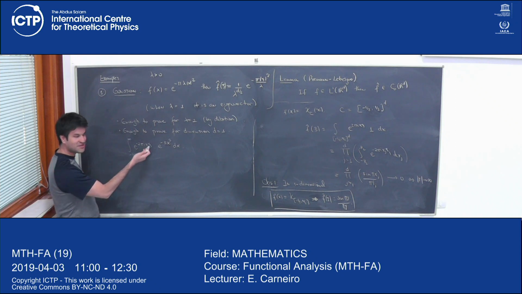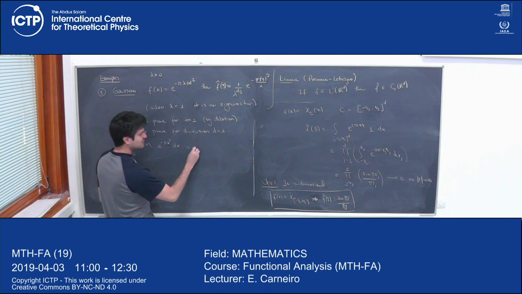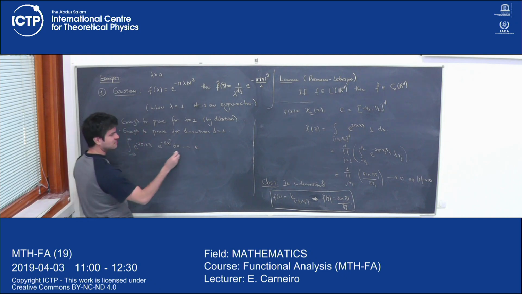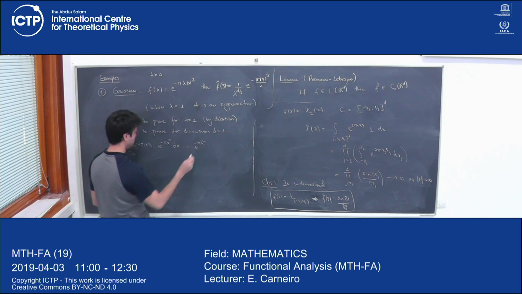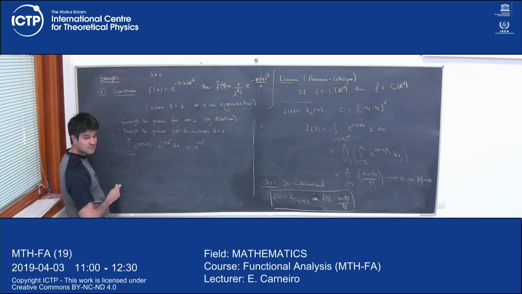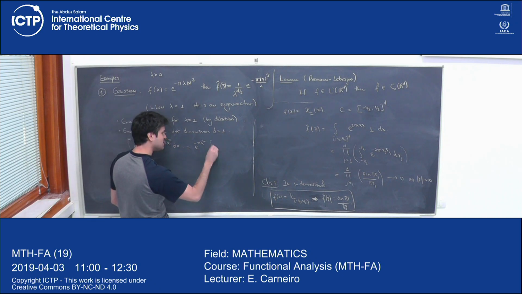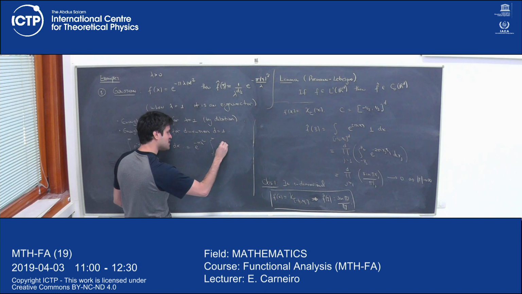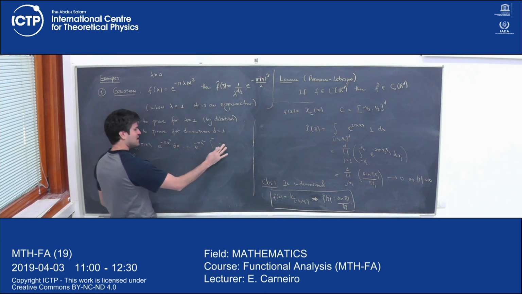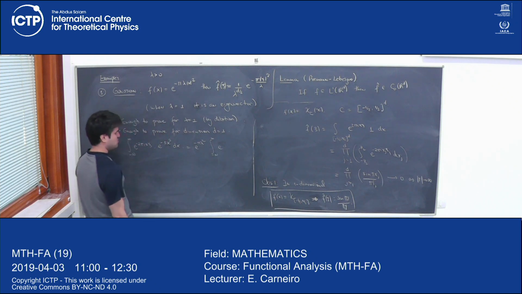So the idea is just to complete the square in the exponent. So this would be equal to e to the minus pi xi squared. Right? And then you've got here the integral from minus infinity to infinity of e to the minus, how would I write this?